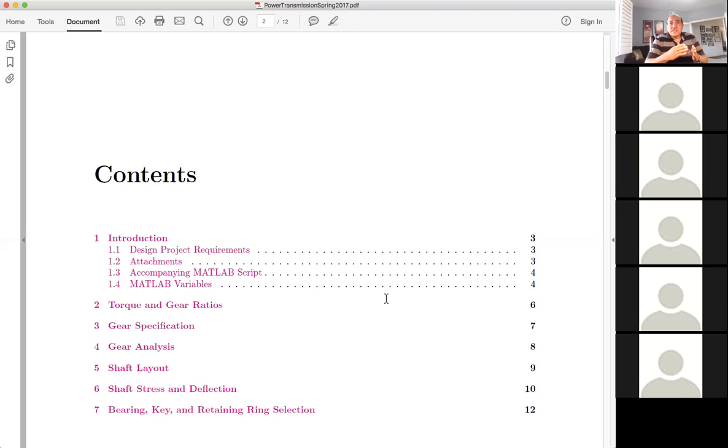But if the shaft is stepped with various sizes, then it would be much easier to use a numerical method. And I have the numerical method, so it would be very good practice for you to review what this numerical method entails. It is based on the material that we've covered in class, and I have a video on it.